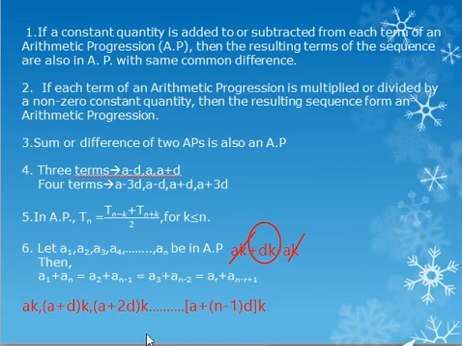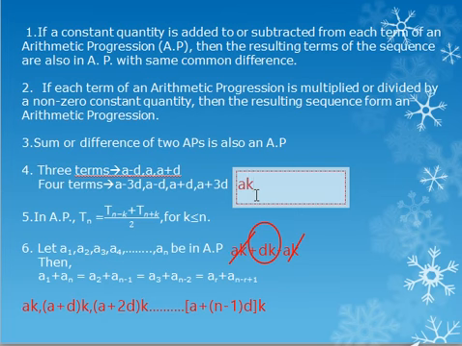Now we subtract the second term from the third term. The third term is ak plus 2dk, minus the second term, which is ak plus dk.